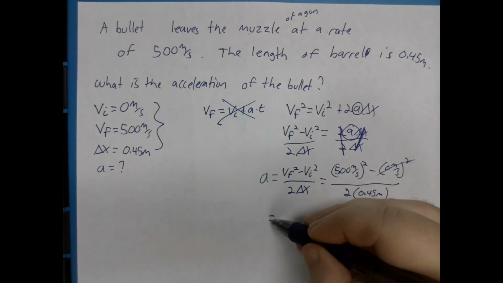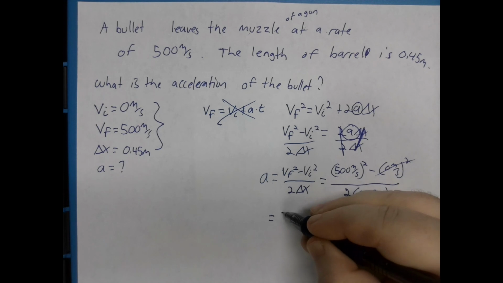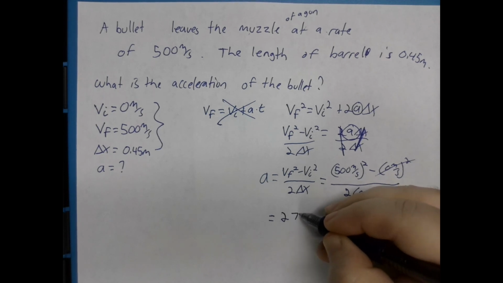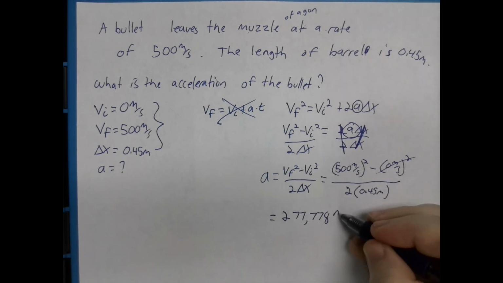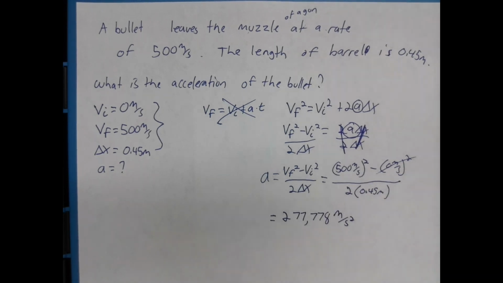And we get that the acceleration of the bullet is 277,778 meters per second squared.